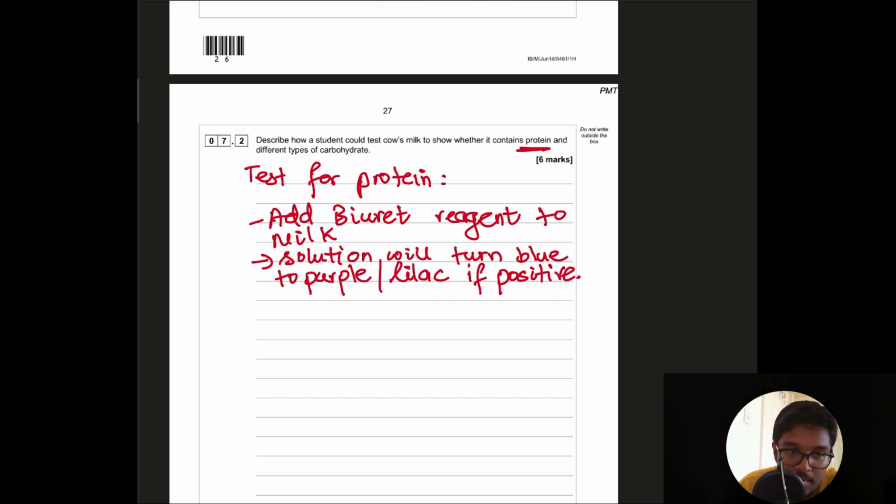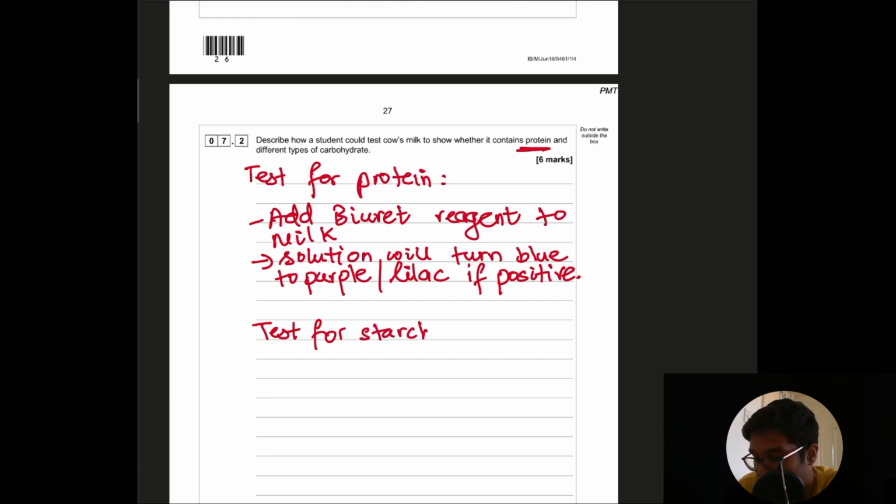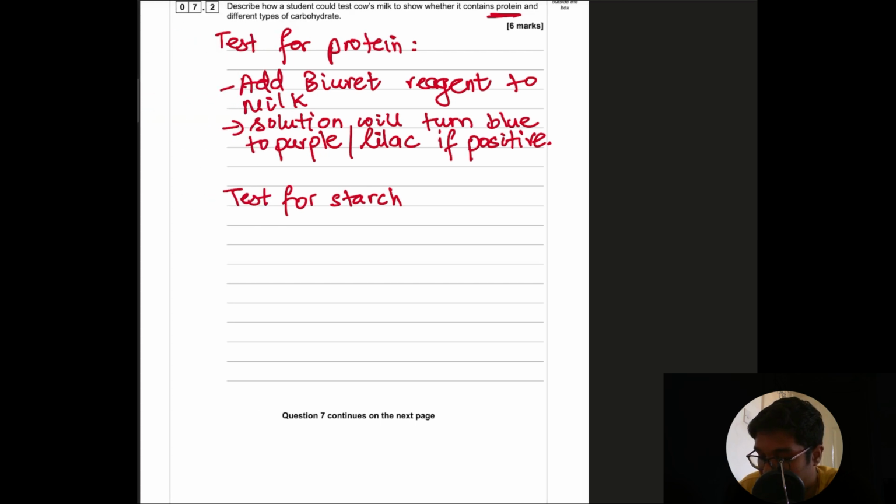And then for starch, the test for starch is pretty simple. It's your basic iodine test. So you would add iodine solution to the sample.